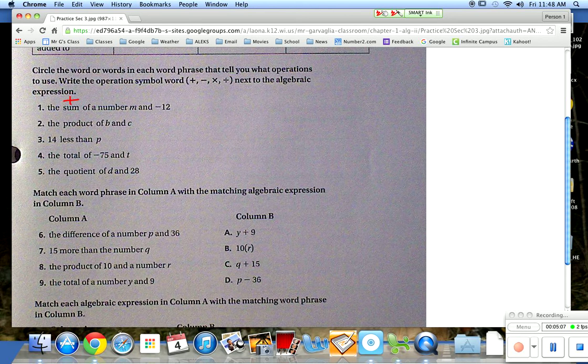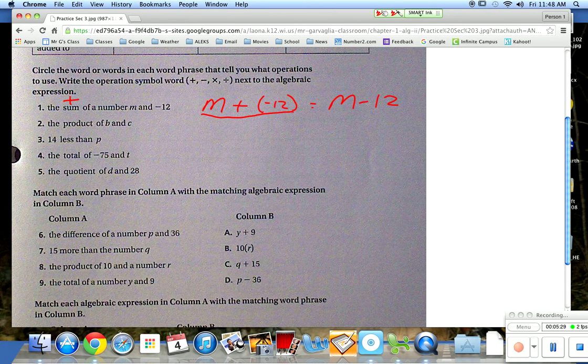And means that we're going to combine them, so m plus a negative 12. If we were to rewrite this, we could say m minus 12. Okay, that's the same thing. But if we wrote it like it's said here, it's going to be like this. All right?